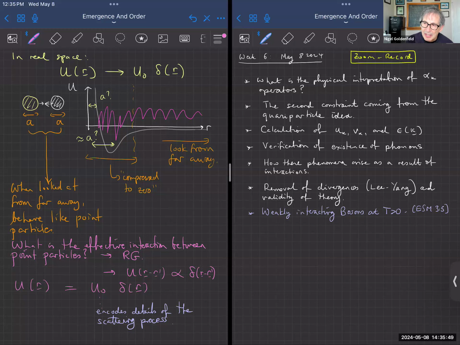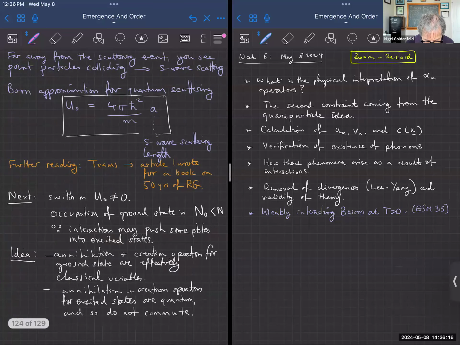And the way we can justify that is by saying we're looking at the system at large scales. And because we're looking at large scales, the particles look like points, so we can't see all the details of the wave functions inside the potential well. All we see is the behavior of the particles at long distances away from the interaction where they're plane waves. And so in that case, we can think of the potential energy as being just a delta function. And what that means is that all we see far enough away is the S-wave angular momentum scattering states.